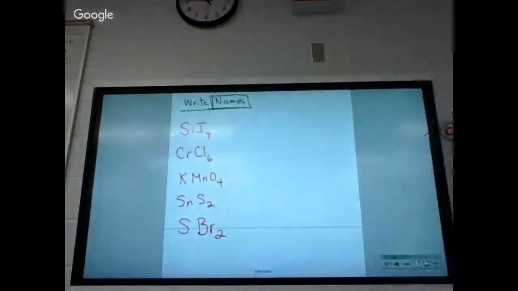All right, so let's say that these are the 5 you have to write the name for on the worksheet. Okay? And it's just a hodgepodge of names.